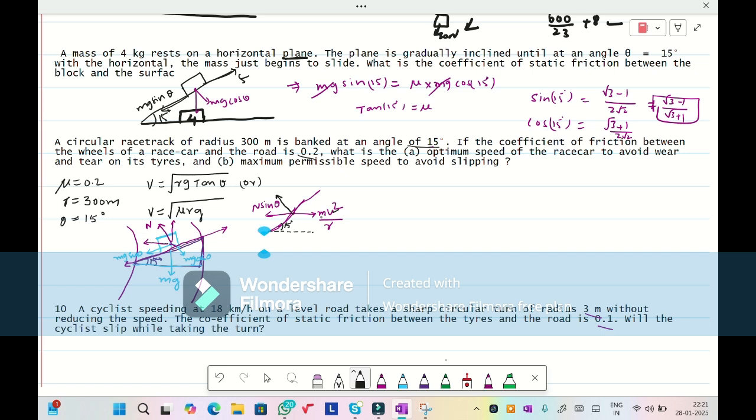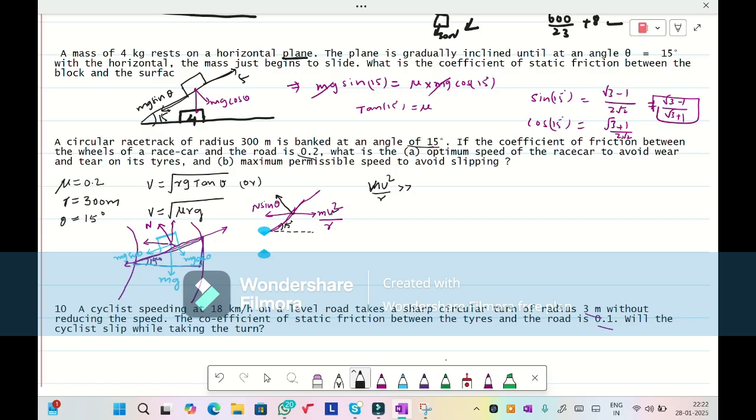For example, here I want to go at more speed than this. I want to maintain it, so mv square by r will be more. I want to take the sharp turn at more speed.